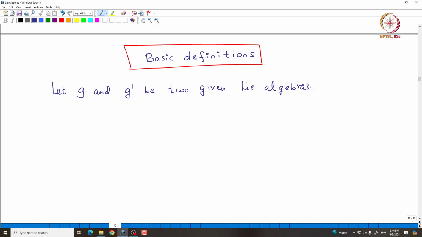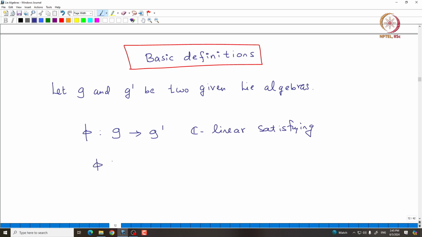A homomorphism from G to G dash, it is first of all a C-linear map. Let us call it pi. So, it is a C-linear map satisfying the following condition.